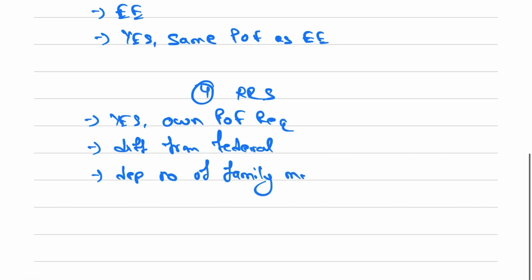So we need to understand this, that the Rural Renewal Stream is the only stream in AAIP which has its own proof of funds requirement. So let's see that too.